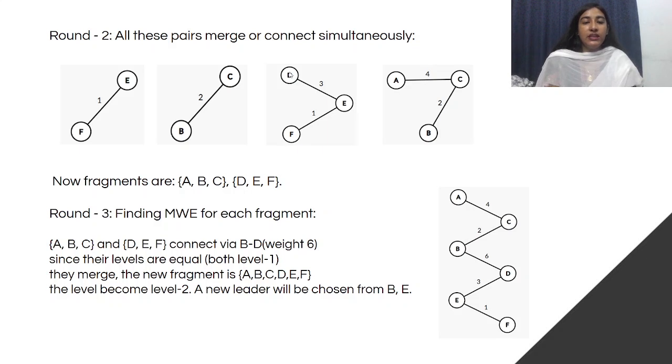Because of the B and D edge, whose weight is 6, they are connected through it, so we can find the MST, which is A, B, C, D and E, and E and F. So this can be a minimal spanning tree.